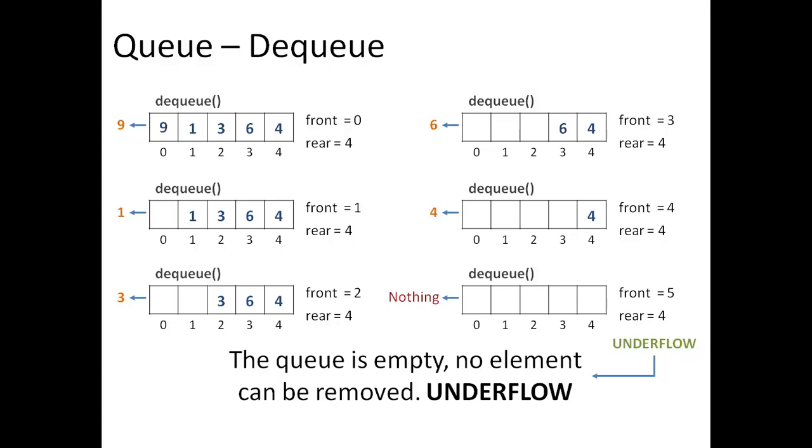And the problem is the way in which the conditions are framed. For example, here front greater than rear signifies that the queue is underflowing. On the other hand, when we see rear equals 4, then it signifies that the queue is full.